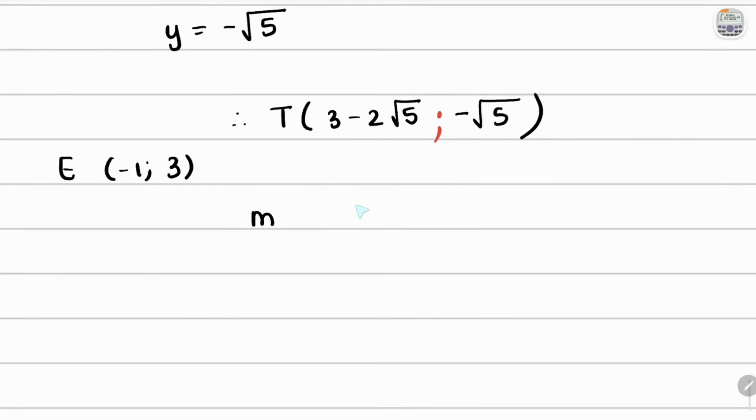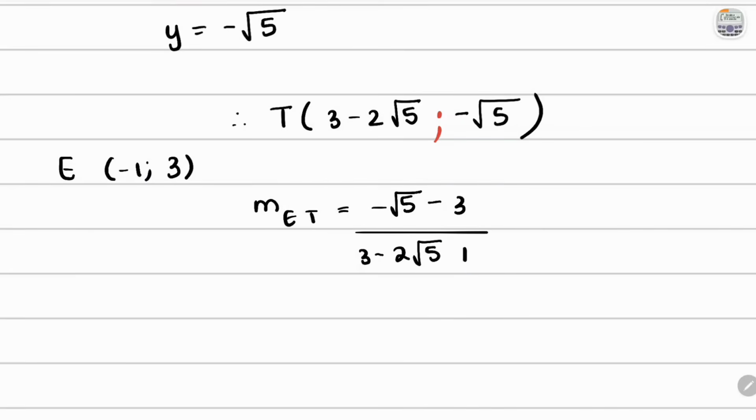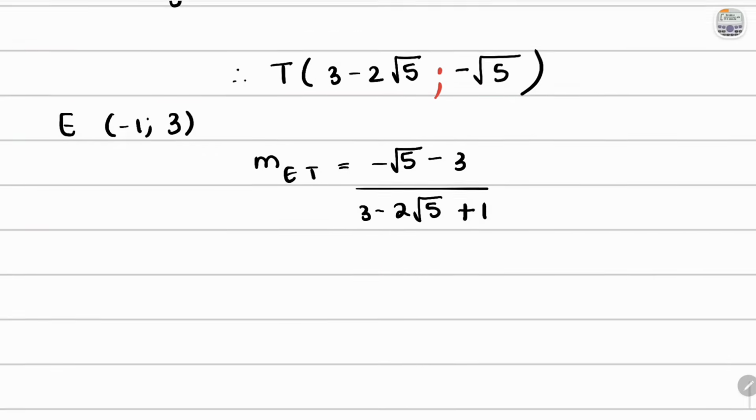So the gradient ET is equal to y2 minus y1. We can start with that as the y value. So negative square root 5 minus 3 all over, and then x2 minus x1. So that minus negative 1, which is going to become plus 1, minus minus.